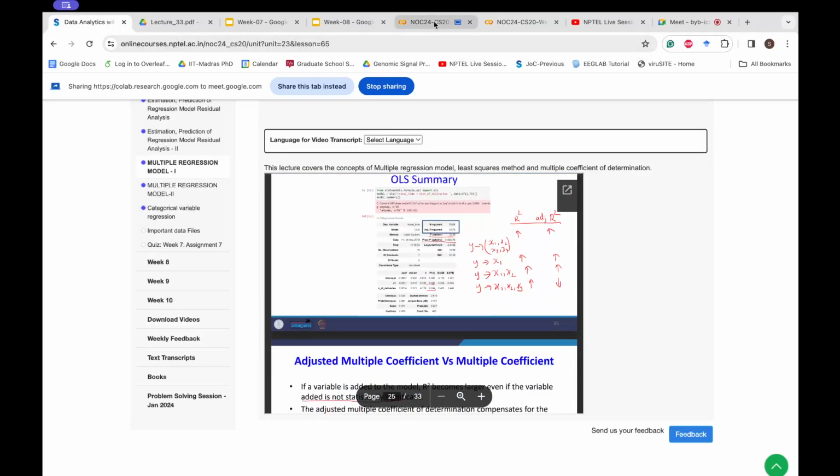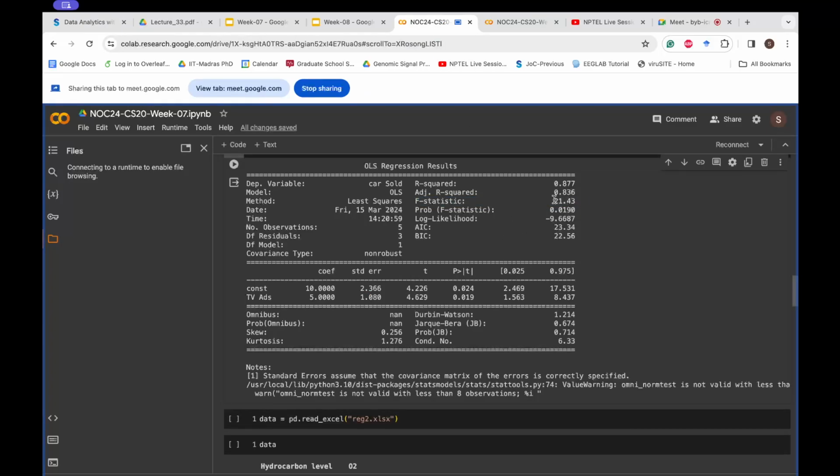So it kind of gives you the statistical significance of the overall model, if the overall model is statistically significant or not. So higher the F value, lower will be the associated p value, and more will be the significance of the model.